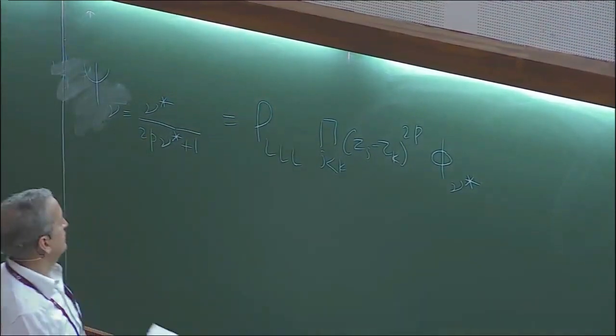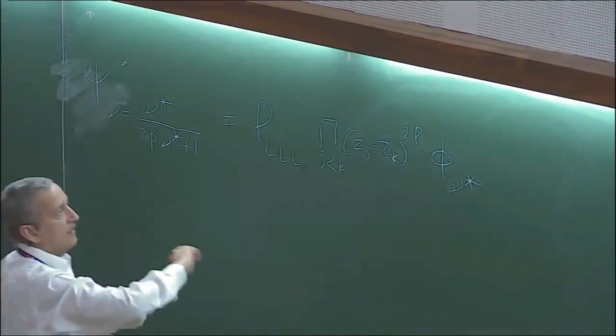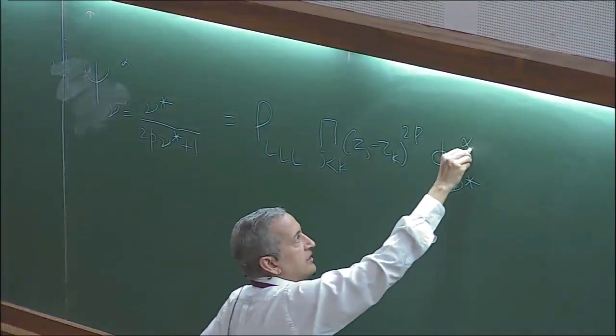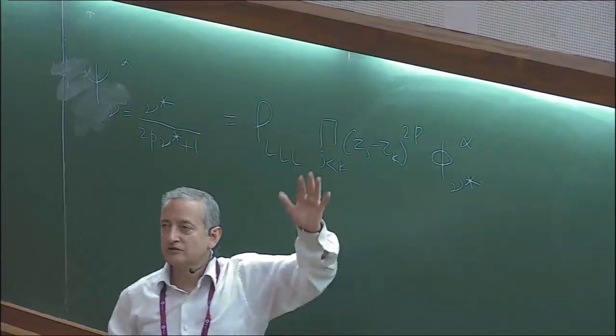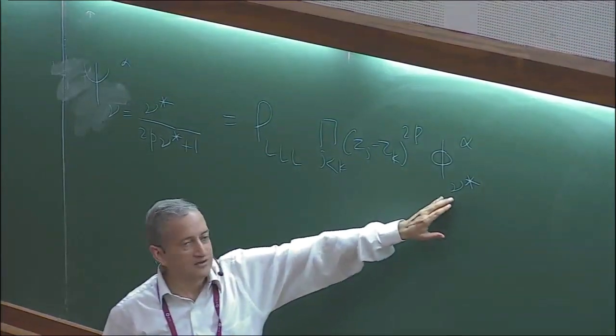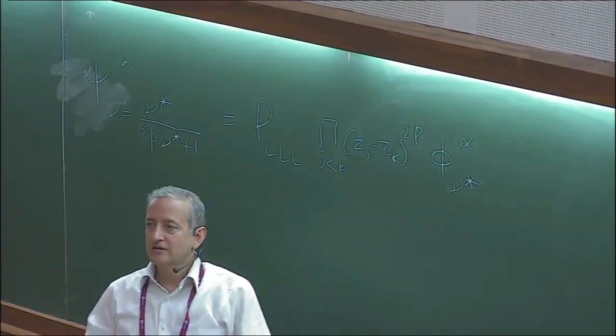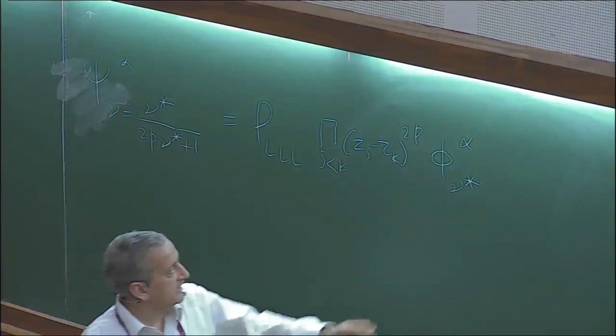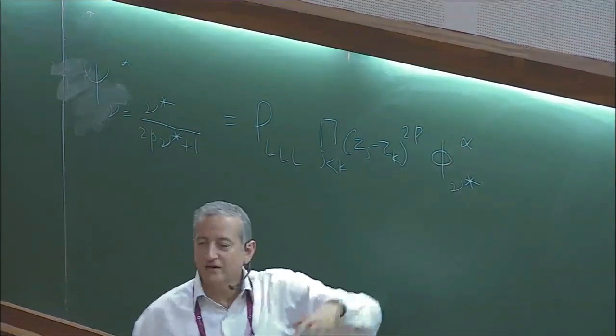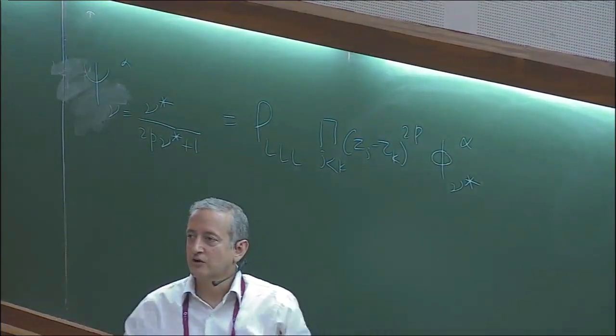So I can actually put another label here. So I can list all of the states here. This label lists all possible states. So for example, if nu star is an integer, then the lowest energy state is the ground state. It's some integer number of filled lambda levels. Then I can create excited states and so on.